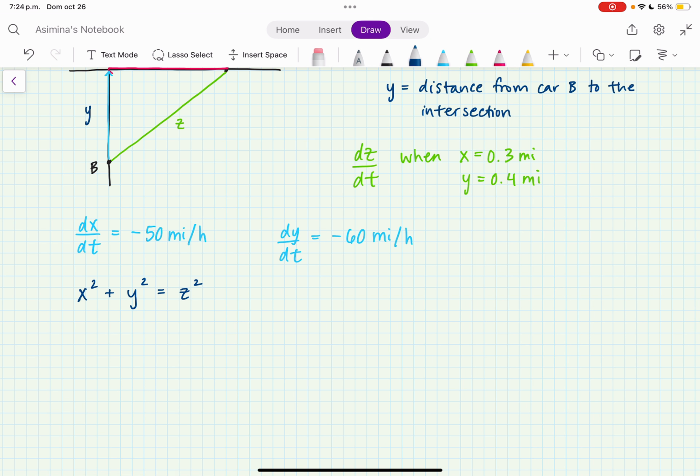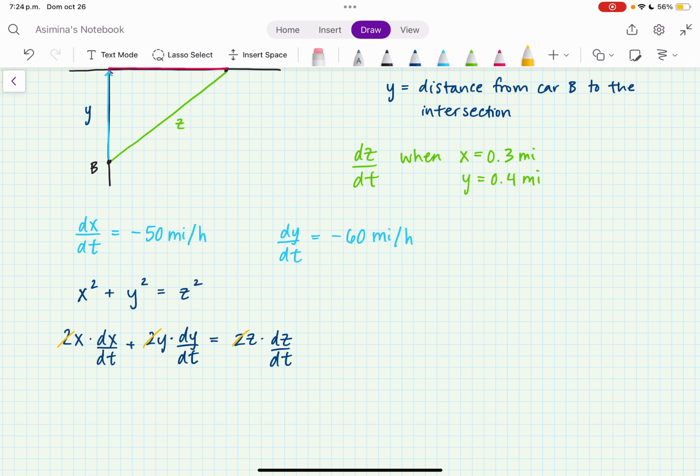Now we can differentiate both sides of this equation with respect to t, and we get 2x times dx/dt plus 2y times dy/dt equals 2z times dz/dt. Okay, now we can simplify a bit. We can divide everything by 2, so all these 2's go away if we divide both sides by 2.